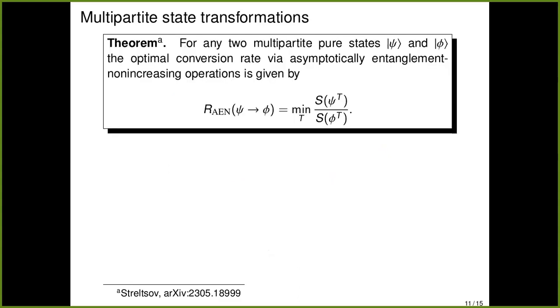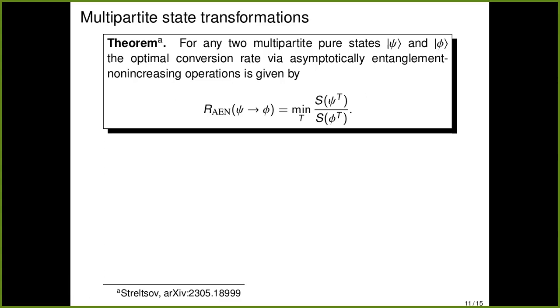And so now we can go to the result. And the result, as I promised, is a nice expression for the asymptotic transformation rate between pure multipartite states. For any two states psi and phi, the optimal conversion rate via asymptotically entanglement non-increasing operations is the minimum of S(psi_T) divided by S(phi_T), where T is any subsystem.